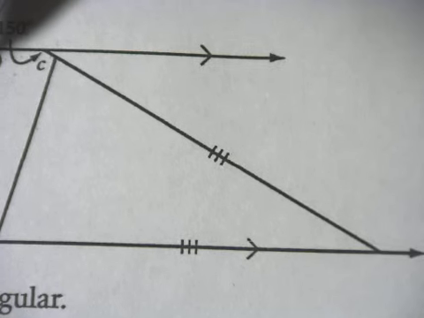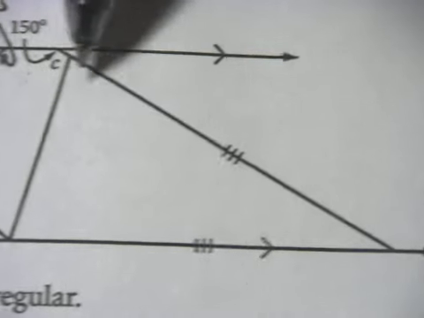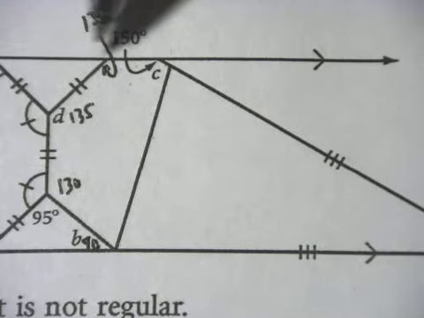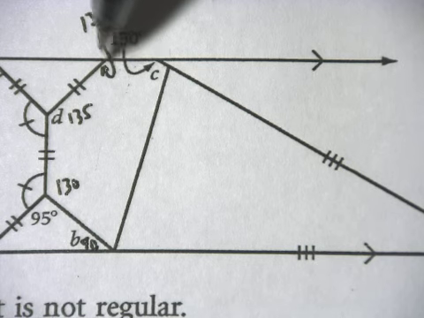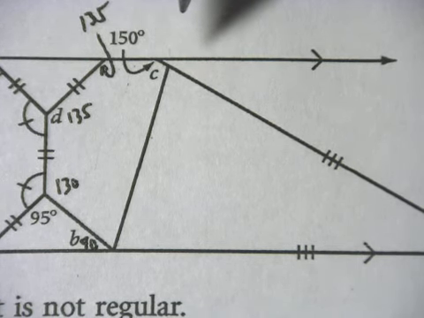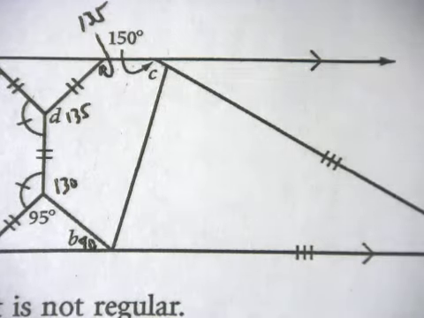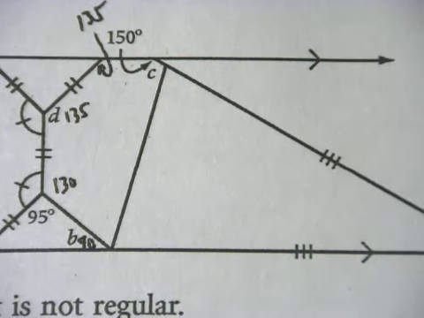I know this here is 130. And I know that this is 40. Okay, and they're asking me to find the measure of angle C. And this line right here is not a transversal because notice it doesn't skip there. However, this is a transversal to these two parallel lines.